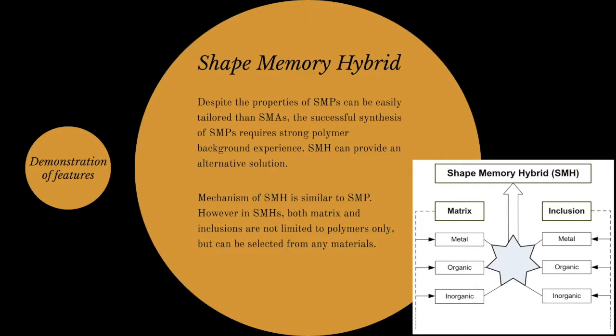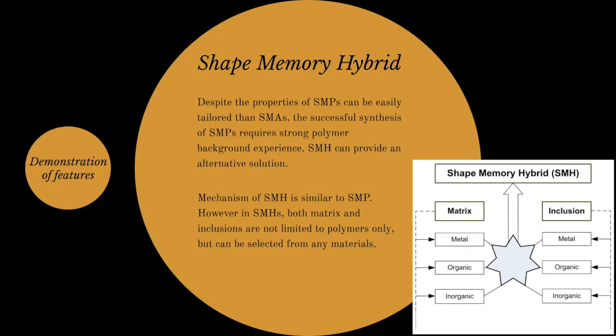So the shape memory hybrid is how to combine the advantages of the polymers, because it's easy to be tailored, but for the synthesis of the polymer itself, we need to have good experience, at least a polymer background. So hybrid can actually be a solution.